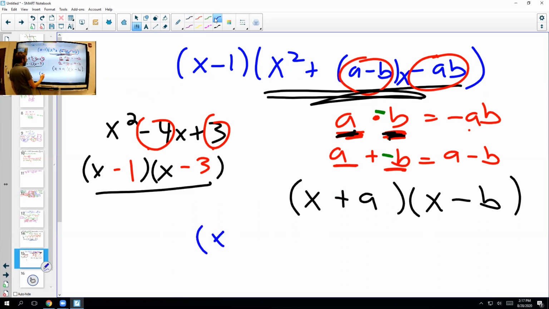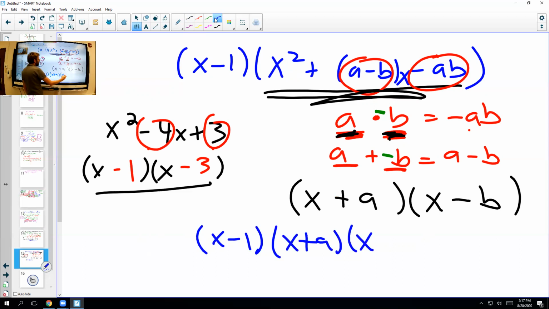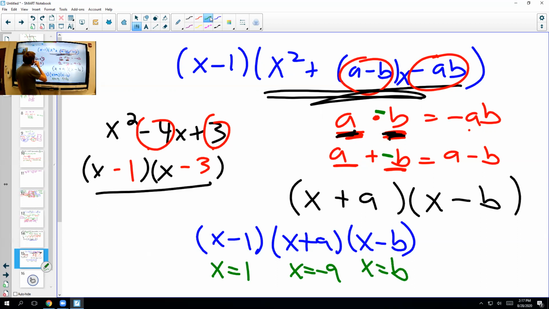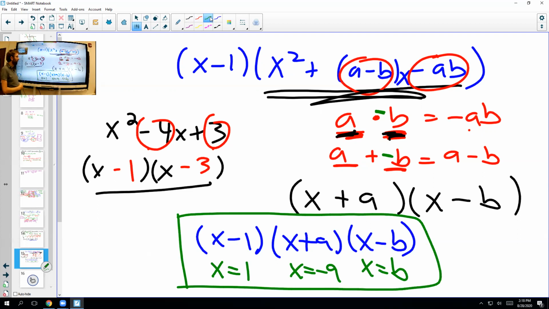The final factorization is x minus 1, x plus A, x minus B. This gives us solutions. Now, if it's just a factor, this would be how you factor it. This gives us solutions of x equals 1, x equals negative A, x equals B. I don't think I ever said if this is a factor or a solve, but it's one of those. So here are your solutions. Thank you very much.